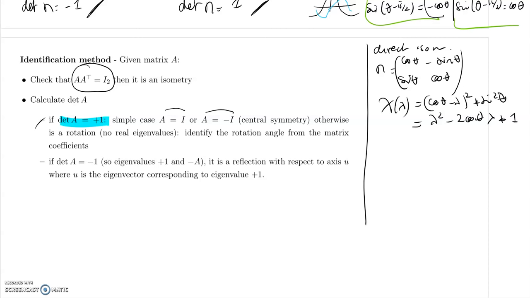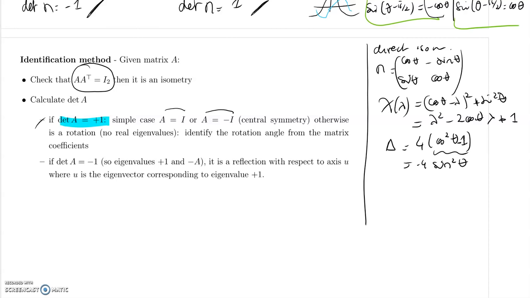Okay, so if I'm looking for the roots of that, the discriminant delta is 4 times cosine square minus 4 times 1, so 4 times cosine square of theta minus 1, that's minus sine square, so minus 4 sine square of theta.